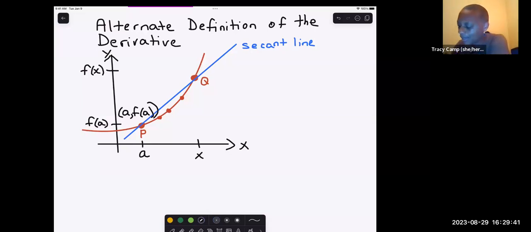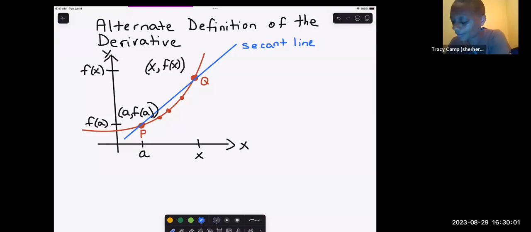And once again, if we use the slope formula, we can write an expression that represents the slope of the secant line.